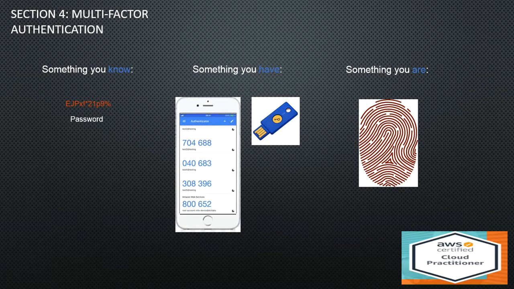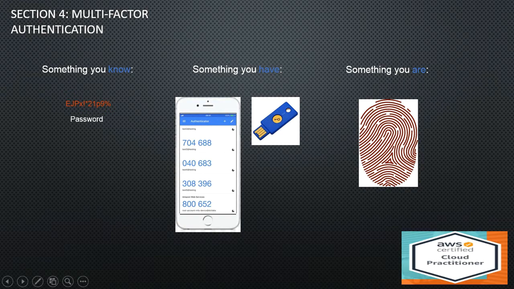So you have multi-factor authentication. How it works, as I said earlier: something you know, that is your username and password. Something you have, that is your authentication device, whether a physical authentication tool or a virtual authenticator like Google Authenticator. And then the third thing is something you are. It can be biometrics or a retina scan.